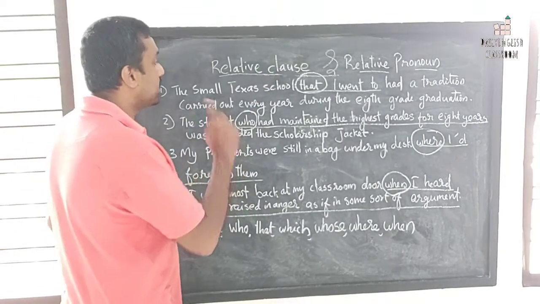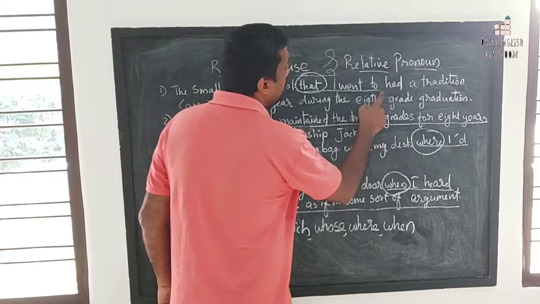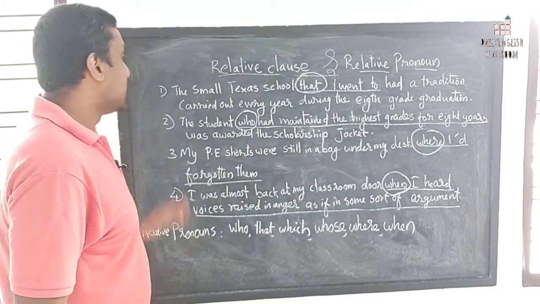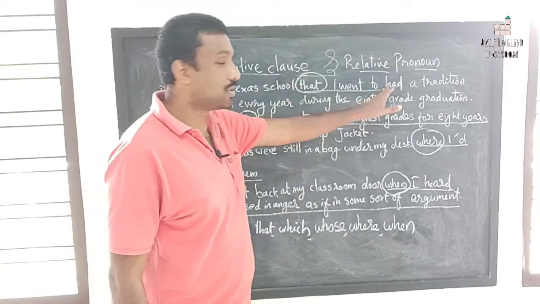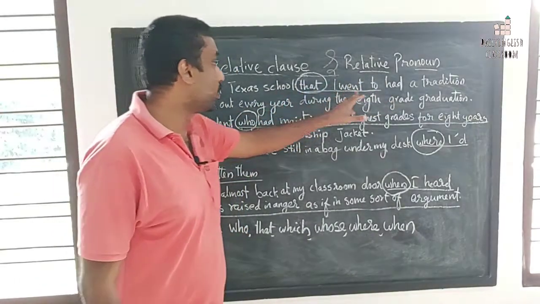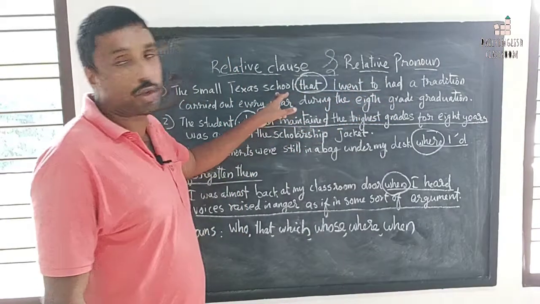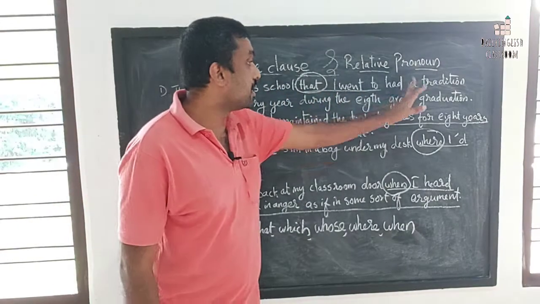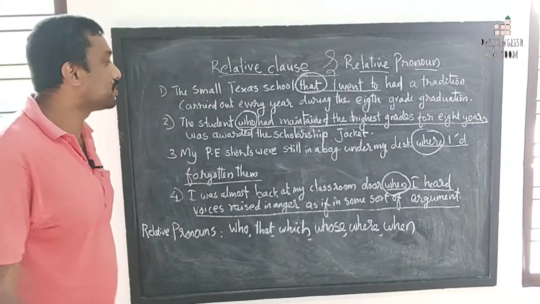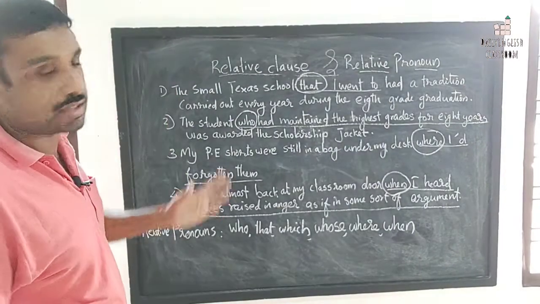So here the clause is that I went to. The small Texas school that I went to, this part that I went to is a relative clause, and the rest of the sentence is had a tradition carried out every year during the 8th grade graduation.